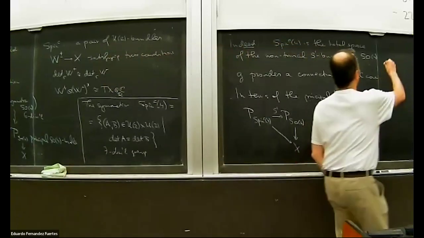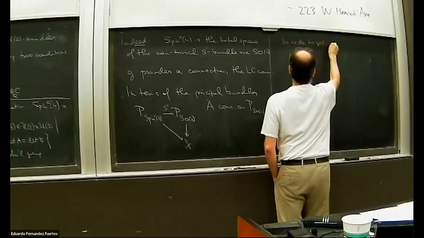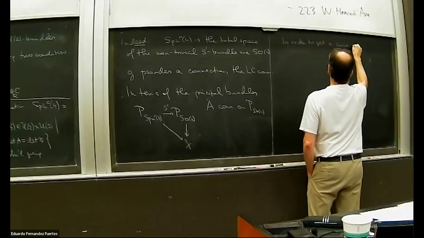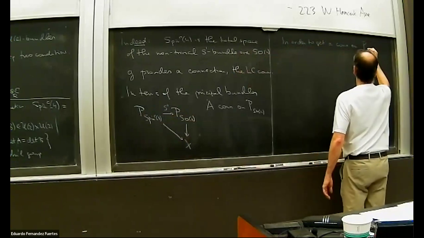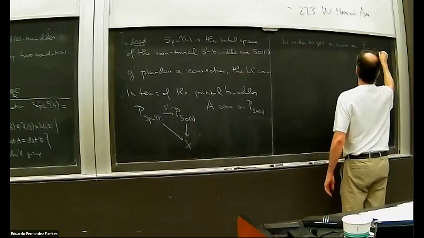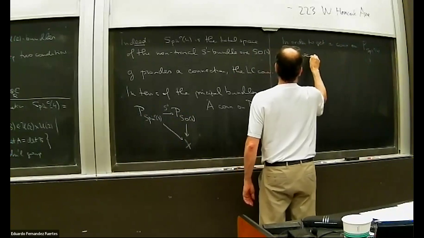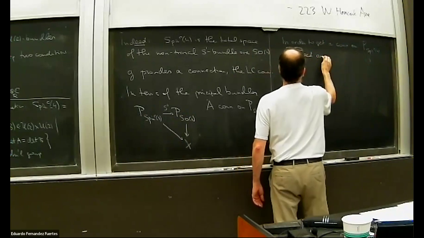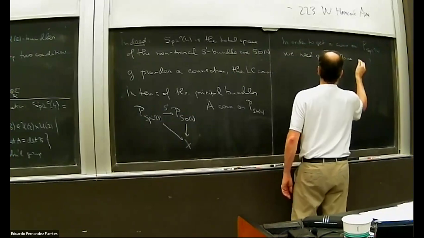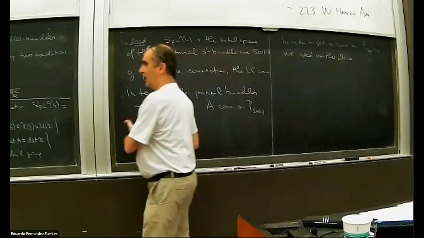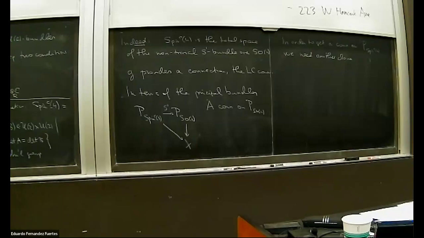So in order to get the connection on this bundle, we need a further choice, namely a connection on some S1 bundle, which we luckily have one.